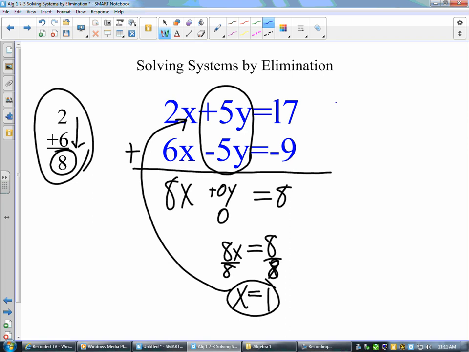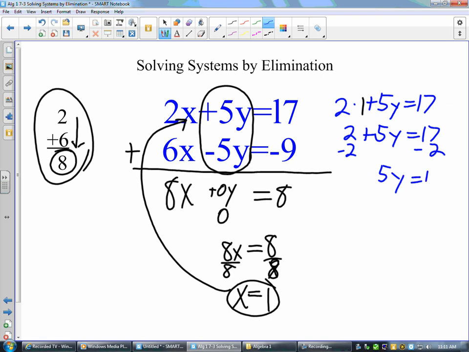So I can write 2 times 1, plus 5y's equals 17. Then there's only one variable here. We can solve it. 2 times 1 is 2, plus 5y equals 17, minus 2 to both sides, and we have 5y equals 15. Divide by 5, divide by 5, and you're left with y equals 3.